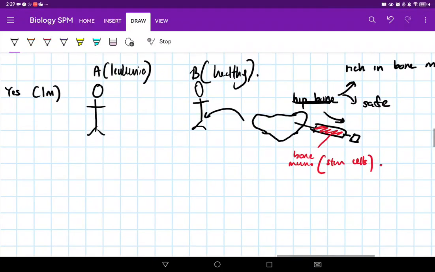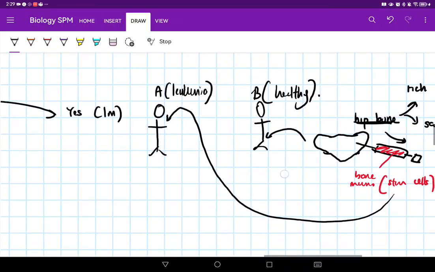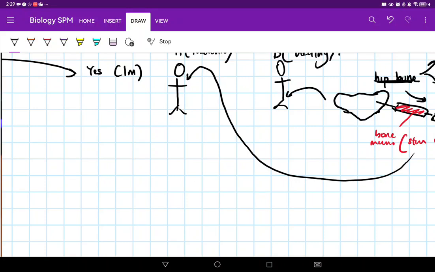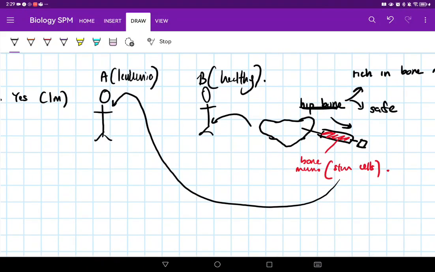So this hip bone contains a lot of bone marrow that contains a lot of stem cells, and then these stem cells will be injected into the person. Alright, it will be injected into the person. Alright. So what happens is that when they inject into it, because they are stem cells, right?